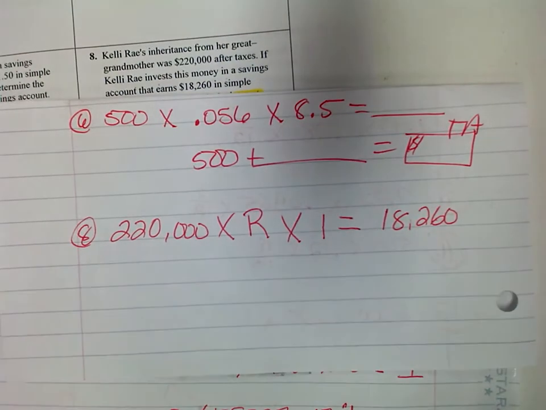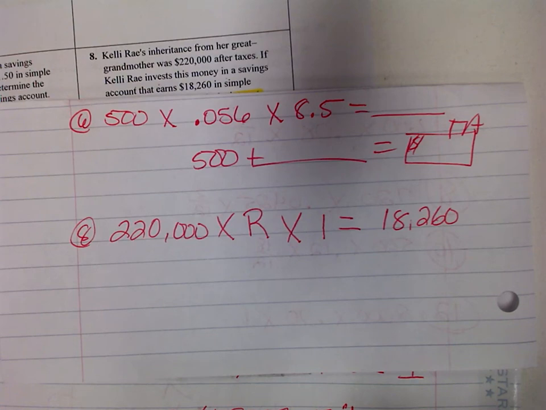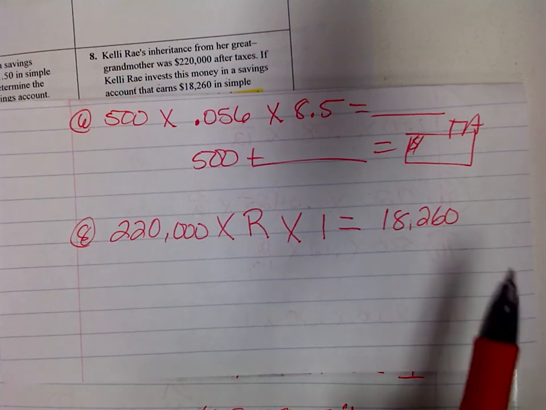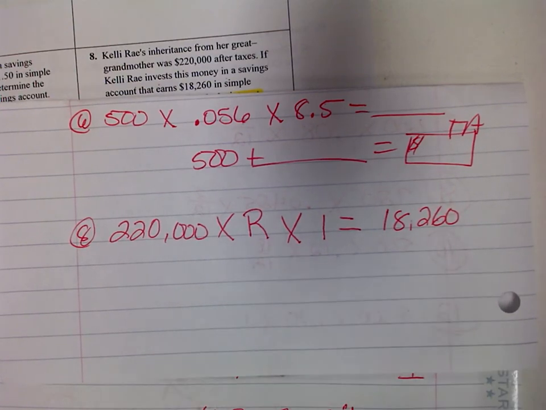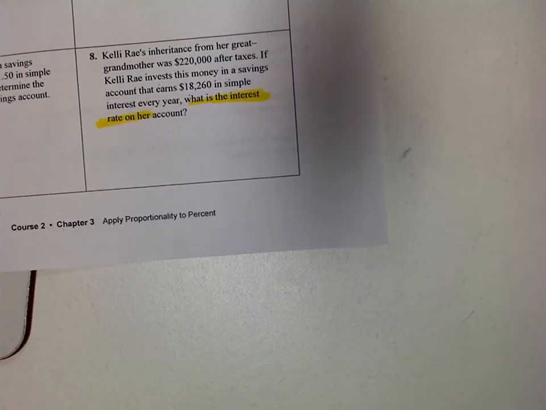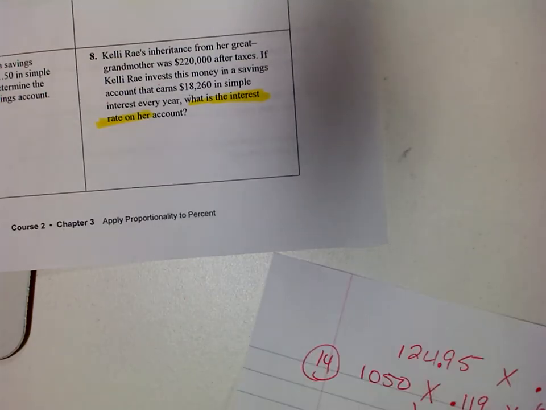So there's your equation, and you're going to solve for R. And I'm going to let you try to do this because we've done it before. You're going to get R all by itself, so solve for R. If you have any questions, we'll be in our class in the morning at 7:15.